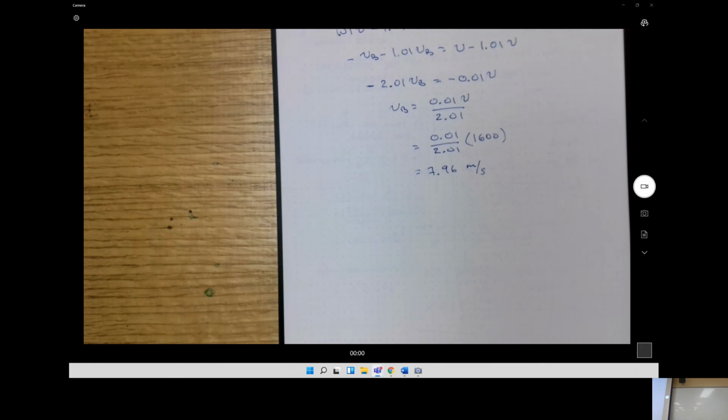Okay, now this is a pain in the butt. This is actually a very complicated problem. Now we can do it a little bit easier.